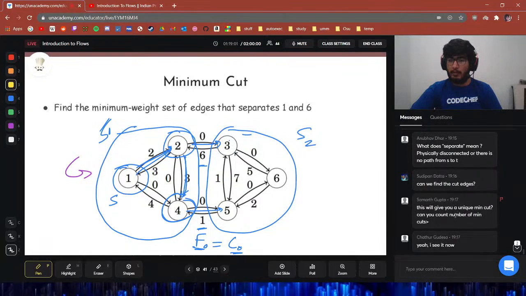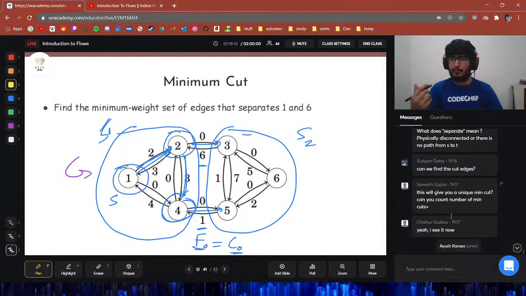Can you count the number of min cuts? Counting the number of min cuts is a different story. It is going to be a little more complex, and I'll have to think about that problem. You can find a solution for that as well, right? But I'm not sure if it's going to be sub-exponential, but that is a completely different story.